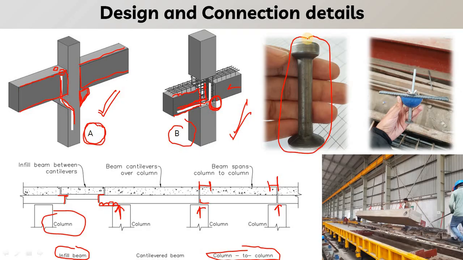This is known as lifting anchor. So it depends upon the element size and weight of the precast element. If the weight of the precast element is more, then it is suggested to go with the lifting hook, and if the element size is small and weight is less, then it is recommended to use this kind of special connection that is known as lifting anchors.